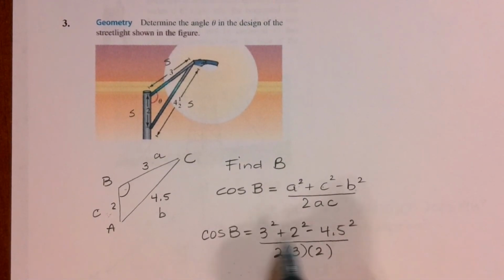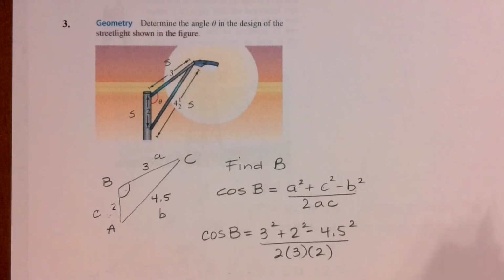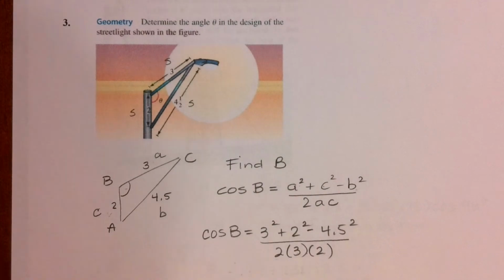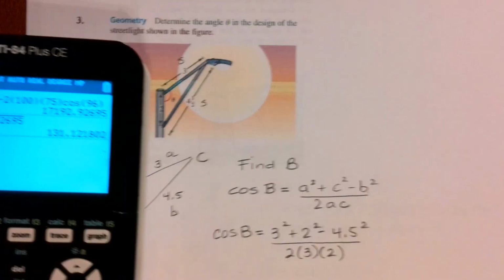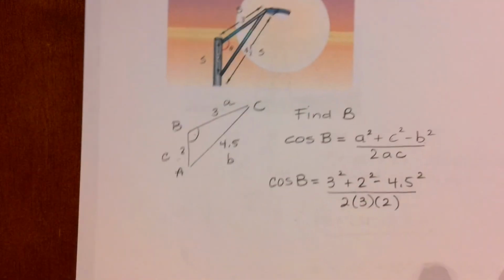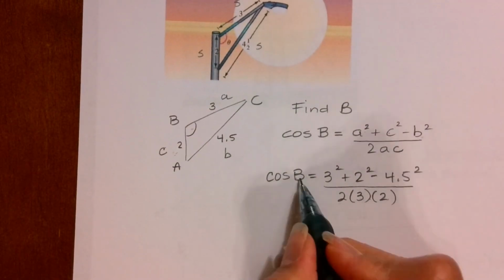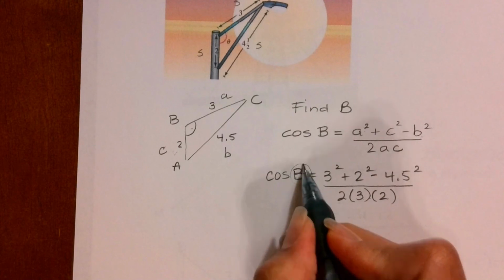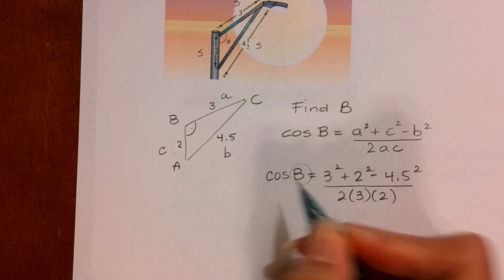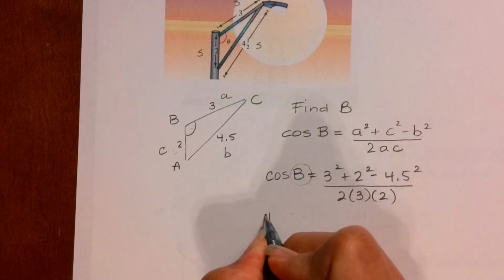Again, remember those numbers will always match those numbers. So we will put that into our calculator. Okay. Well, actually, before we put that in that calculator, let's talk about how we are solving for B. So we need to take the cosine inverse on both sides.